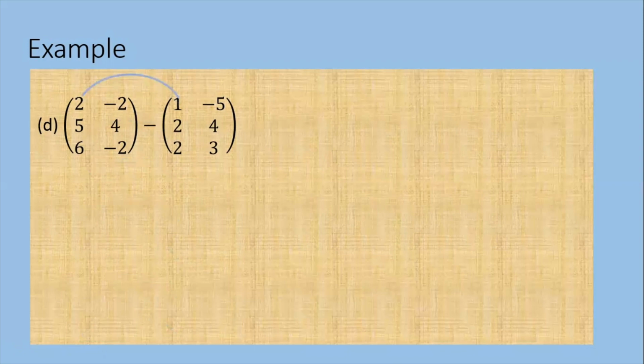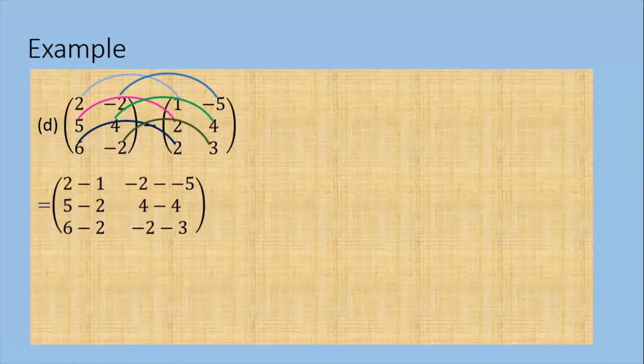So that will be 2 and 1 corresponding element. Minus 2, the corresponding element will be minus 5. 5 corresponding element is 2. 4, the corresponding element is 4. 6, the corresponding element is 2. Minus 2, the corresponding element is 3.